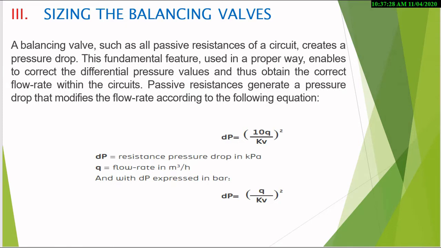Passive resistances generate a pressure drop that modifies the flow rate according to the following equation. For SI units, dP is 10Q divided by kV total, squared, where dP is in kilopascal. If it is in bar, dP will be Q divided by kV total, squared.